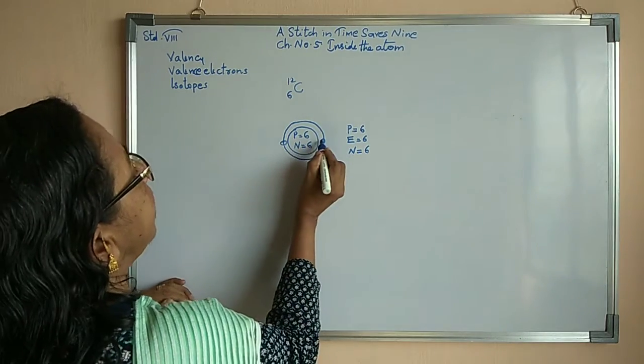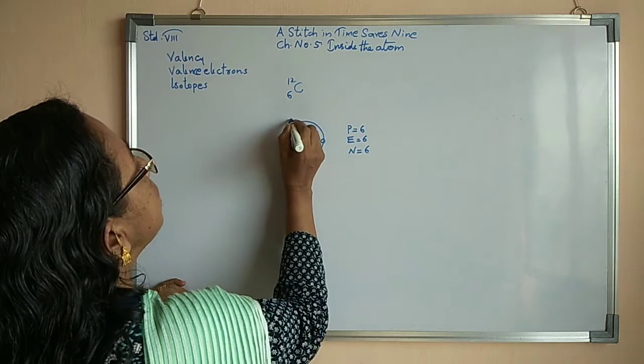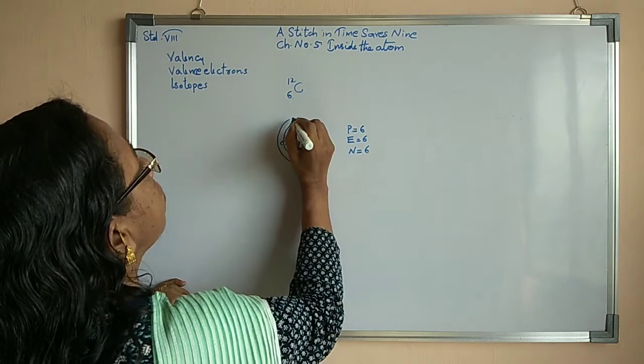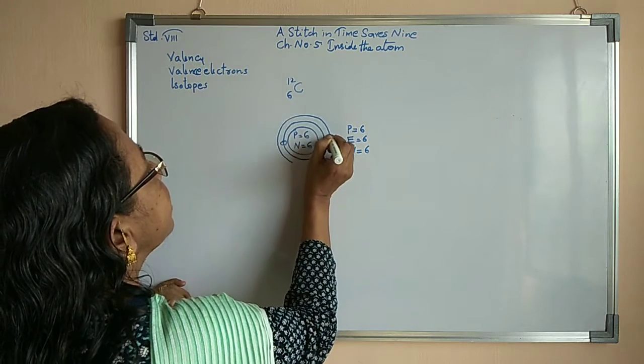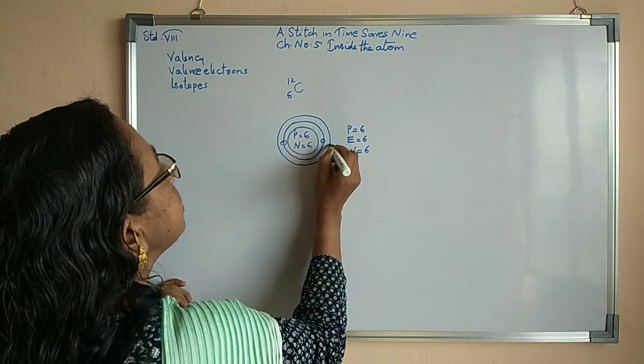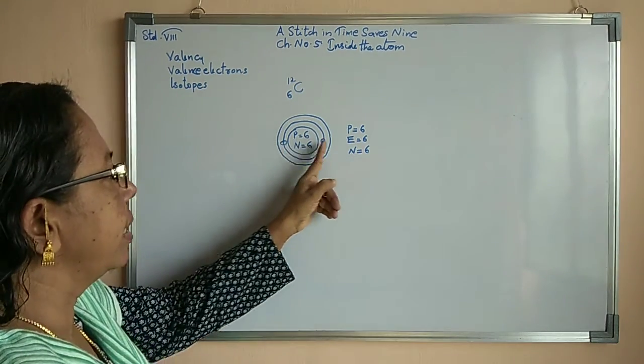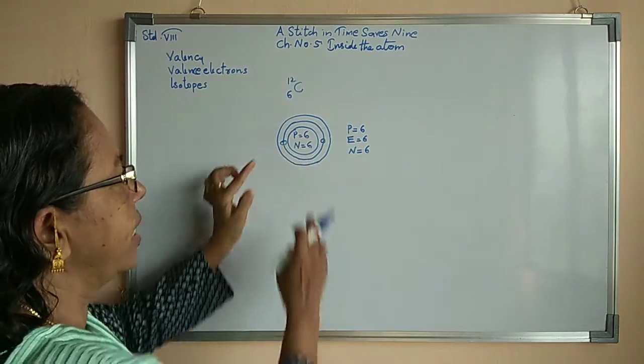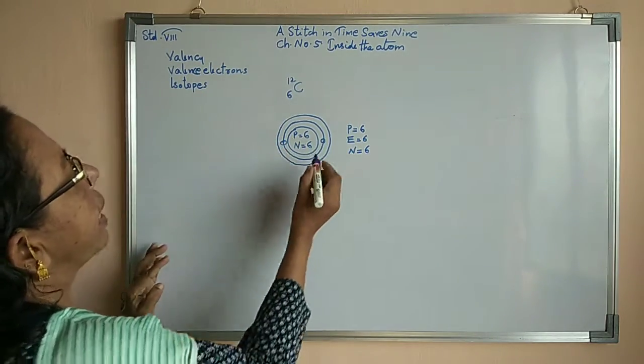Now the first orbit can have 2, then for the second orbit in the case of carbon, 2 are already written. Here total 6 is there, 2 already over, then remaining 4.